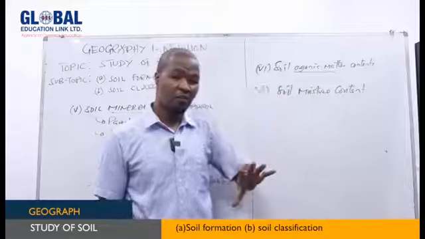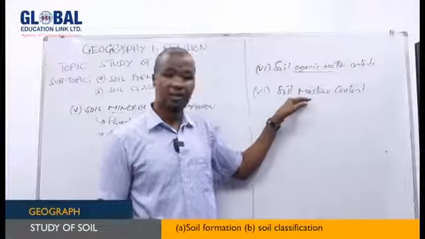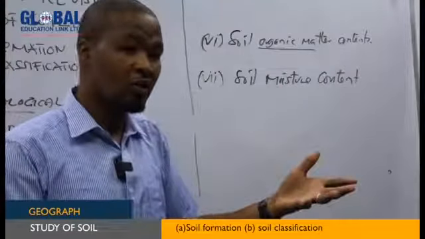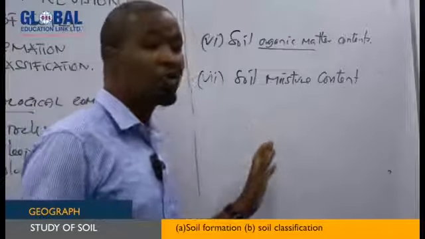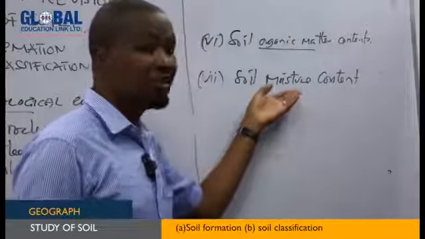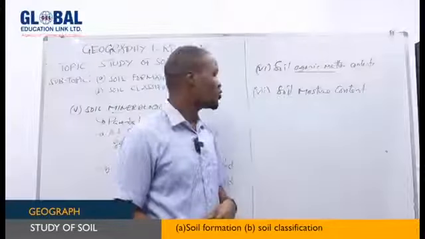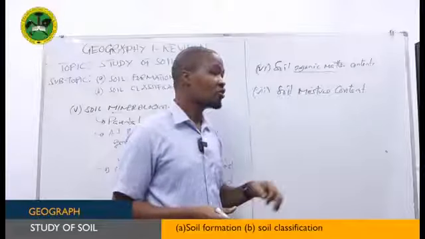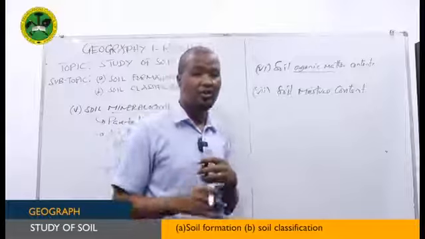For instance, soils found in tropical areas during the wet season can grow crops even if there is no rainfall. But soils in pure dry areas, for instance in deserts, make crop production difficult. That's why soil moisture content is very important in crop production. So this is another criterion which can be used to determine soil productivity.